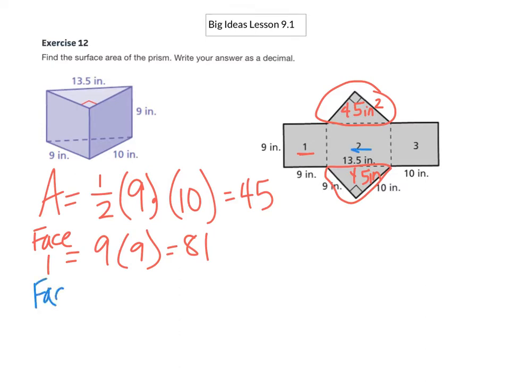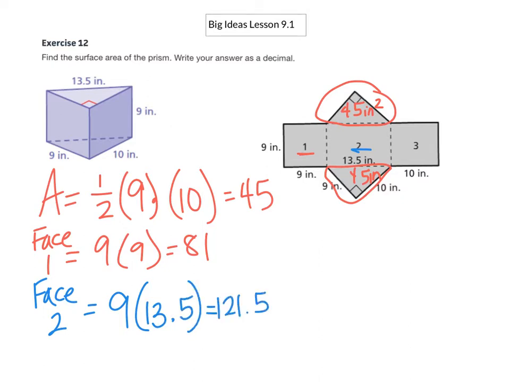So face 2 would be 9 times 13 and a half. We get 121 and a half. And then finally, if we look at face 3 over here, ooh, I'm running out of room, sorry about that. Face 3, we're going to take 10 times 9. We end up with 90.